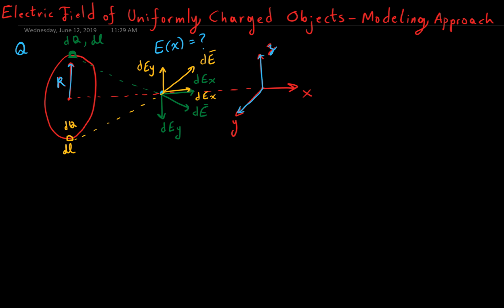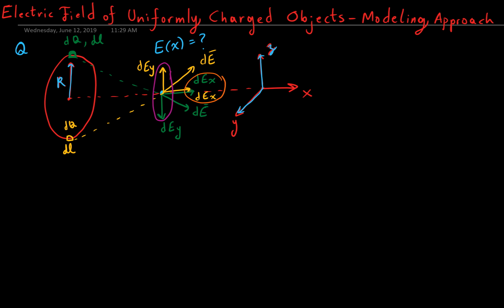We see clearly that the y components are going to cancel out since they're in opposite directions, and they must be equal in length because it's the same amount of charge, the same distance away from the same point. We also recognize that our electric fields in the x direction will sum. So we only need to worry about the differential equation that describes the electric field in the x direction.